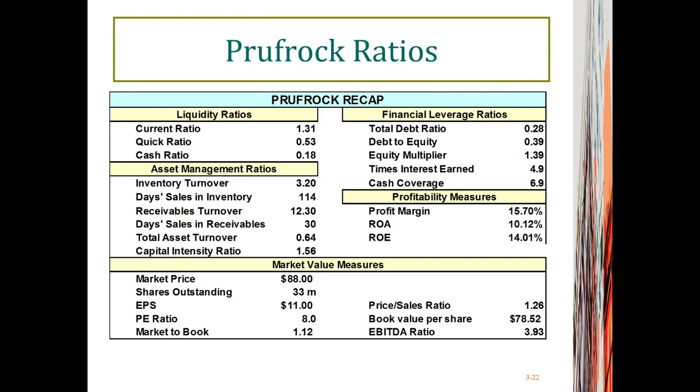And here's a summary of ProofRock company's financial ratios. Once again, you see 5 different categories, and within each category we have alternative ratios to measure every aspect of the operations of the company, from liquidity to financial leverage to asset management, profitability, as well as market value.